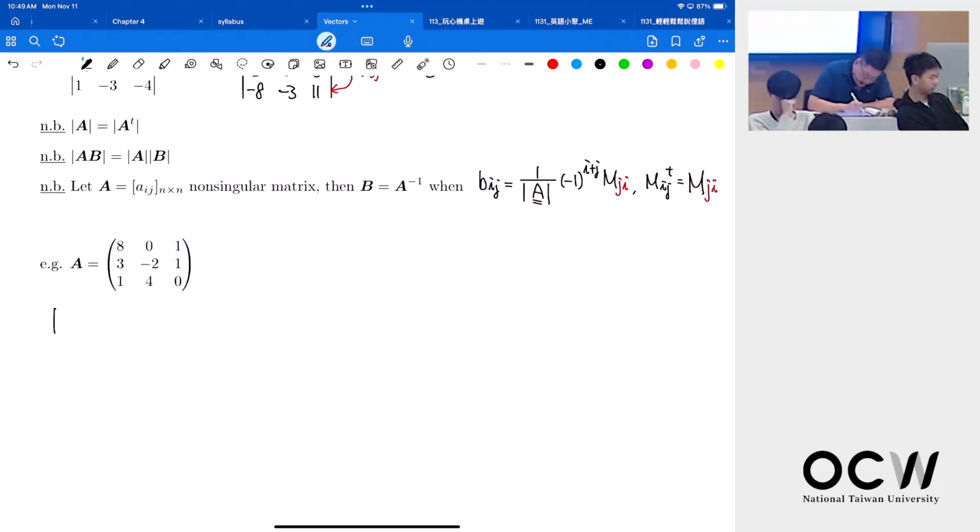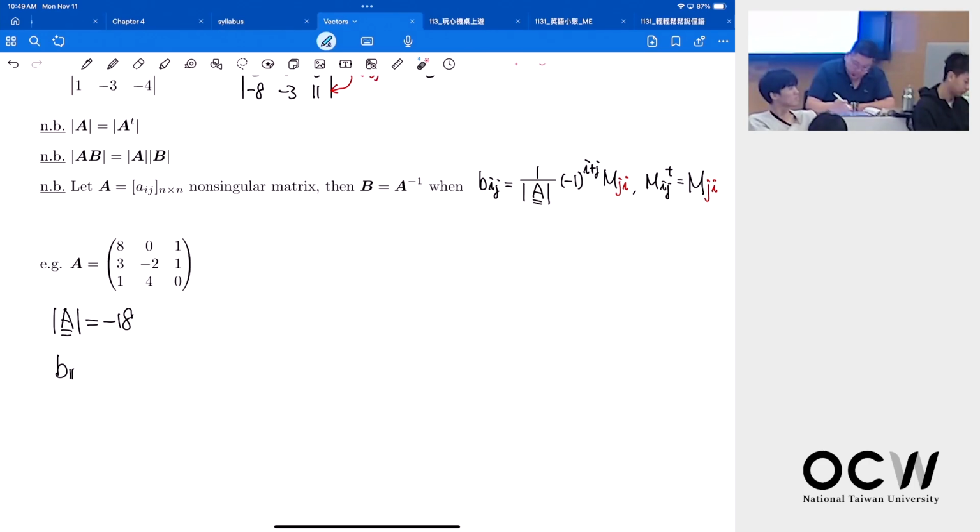The determinant is minus 18. Now we want to find B11. This is B11, 12, 13, B21, B31, B33.